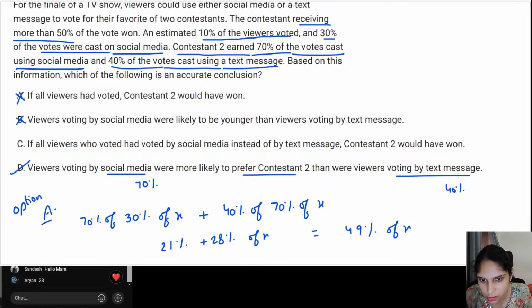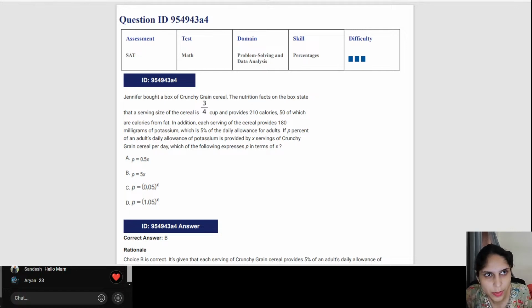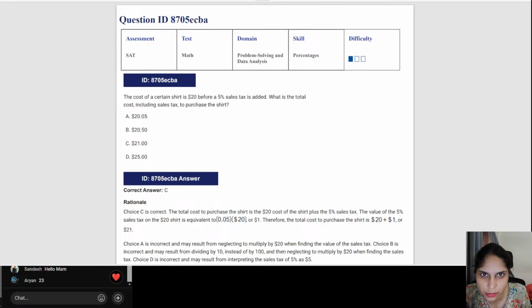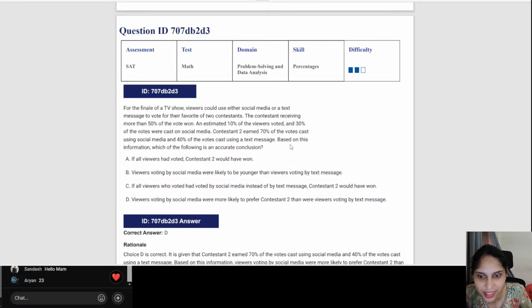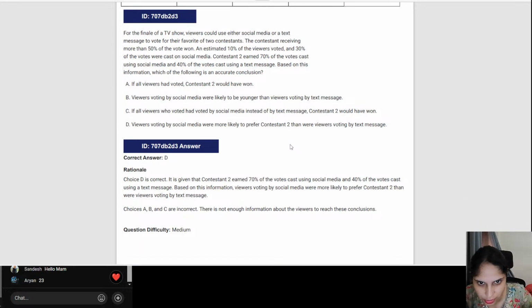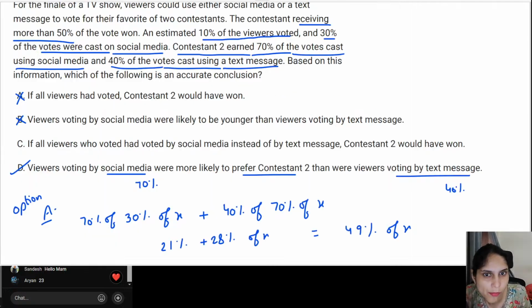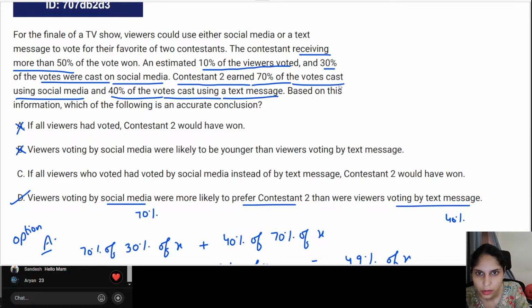For this, I'll have to see the answer. This is not question number 8. Yeah, this is option D. Okay, C is: contestant receiving more than 50% of the vote won.